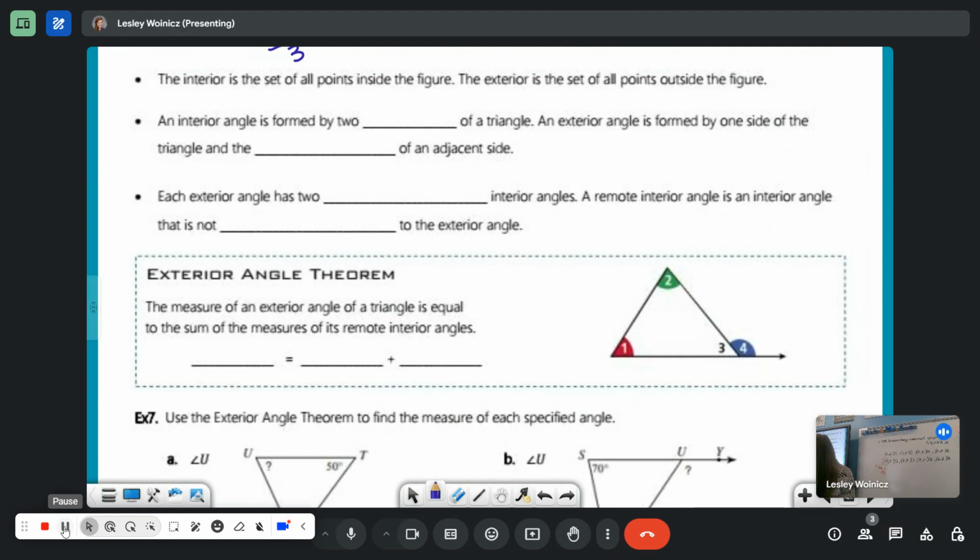An interior angle is formed by two sides of a triangle. An exterior angle is formed by one side of the triangle and the extension. I don't know if this says extension or auxiliary line. Let's say extension.